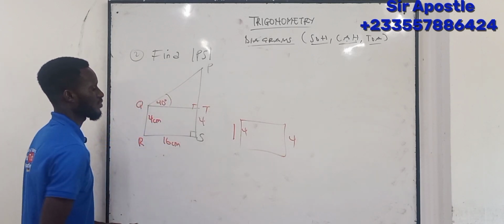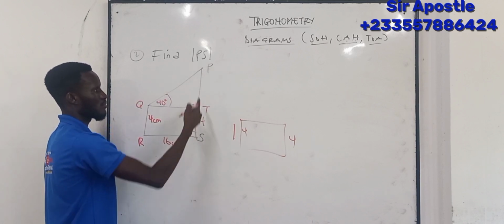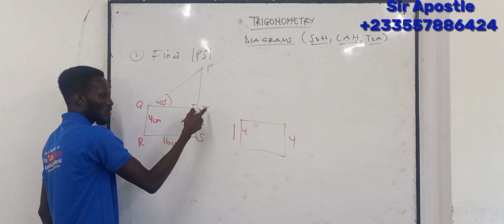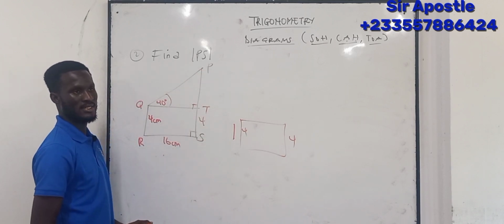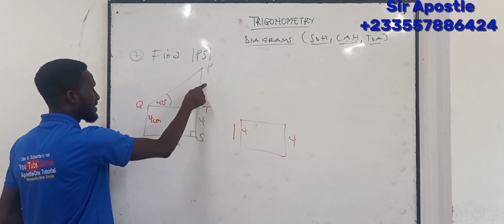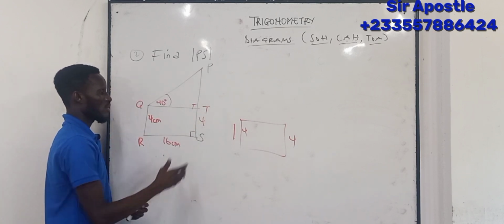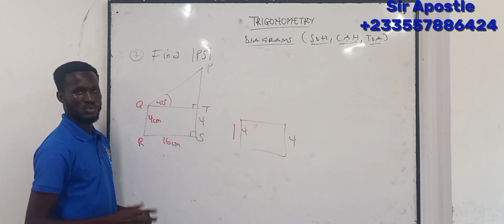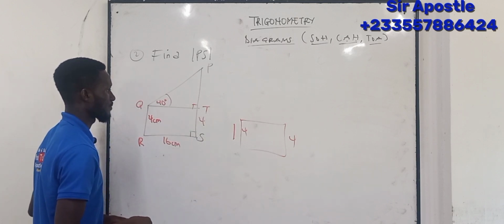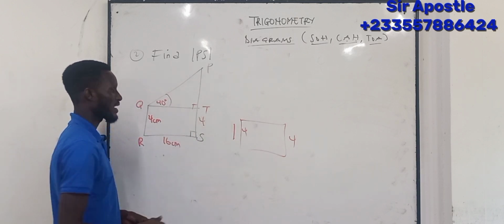The ST is 4. We are looking for PS. PS is PT plus what? TX or XT. So we have to add this one to this one before we can get our PS. And then we know the ST to be 4. So we just have to look for this one, then we are done.